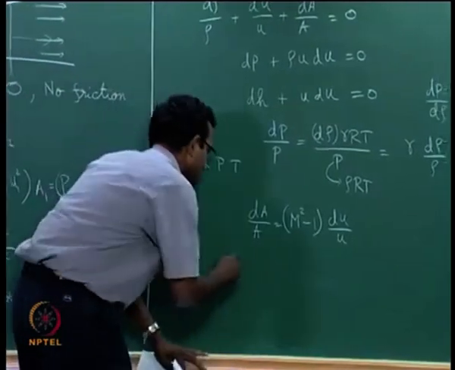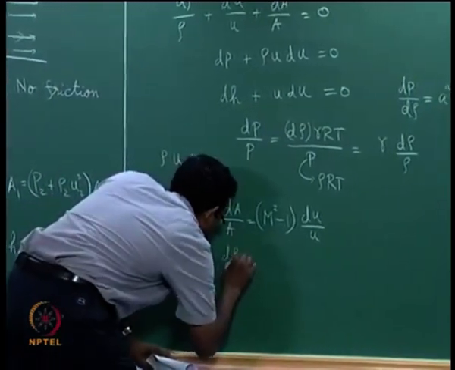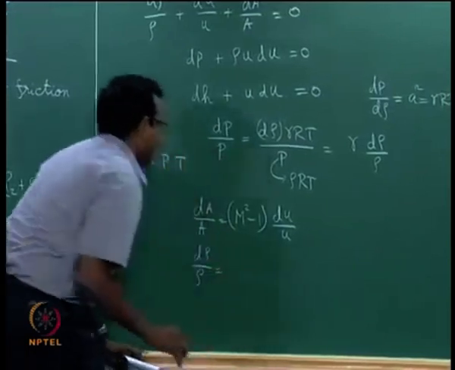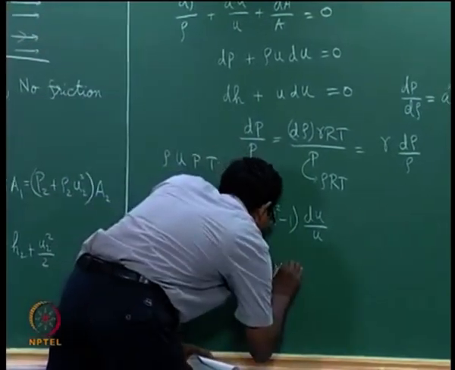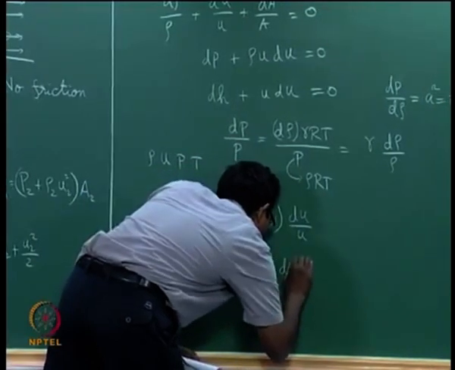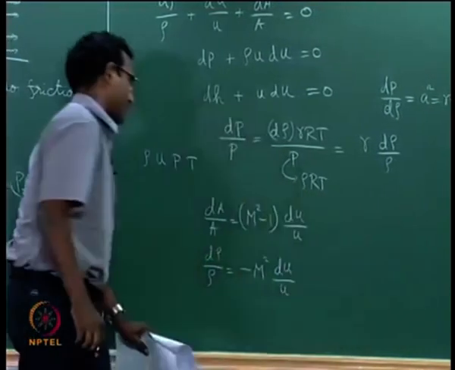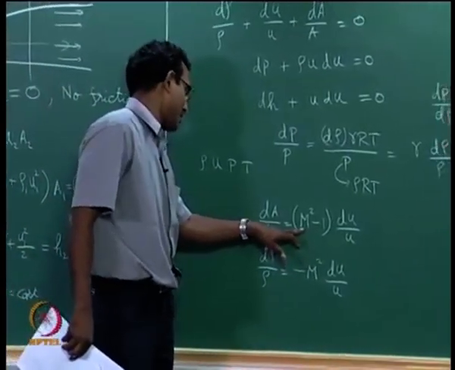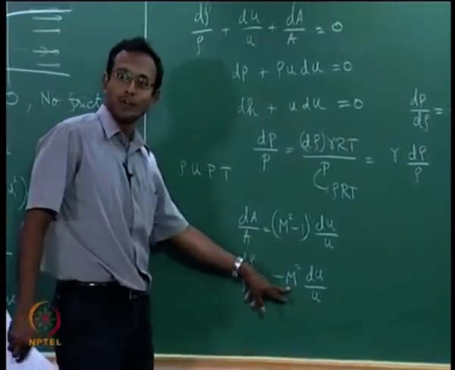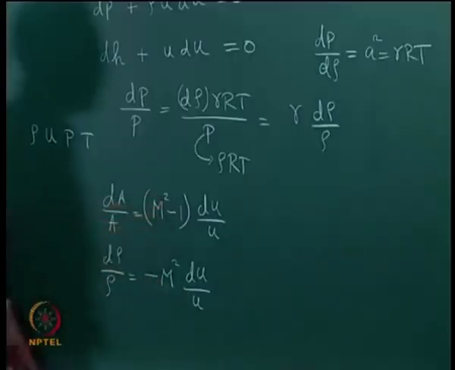Of course, you cannot get this without d rho by rho actually. I should have given d rho by rho first. This M square in this dA by A expression comes actually from d rho by rho in here. That is how you got to that point.